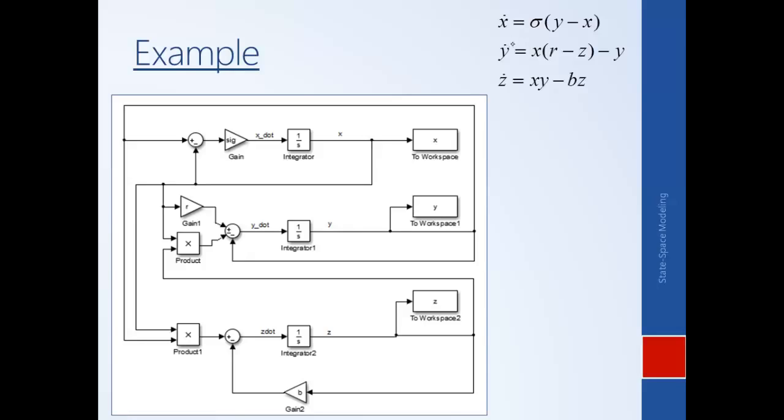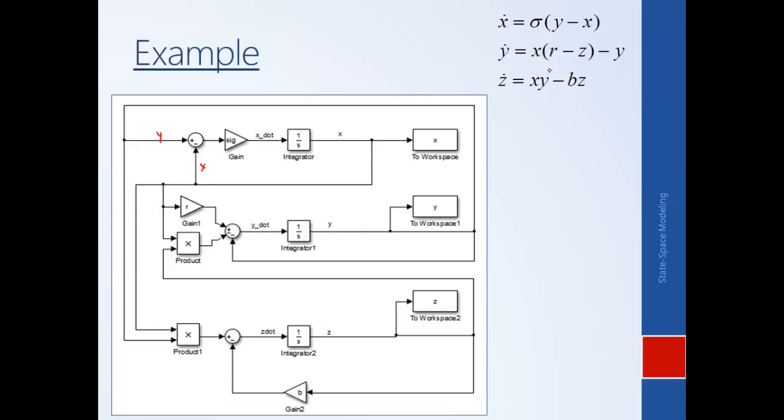So if we look at this, x dot is sigma times the quantity y minus x. So here's sigma, this is y, this is x. The difference, you add y, you subtract x, you multiply it by sigma, that gives you x dot. You integrate it once, you get x. So that's where that x comes from. The y comes from down here, the equation for y dot.